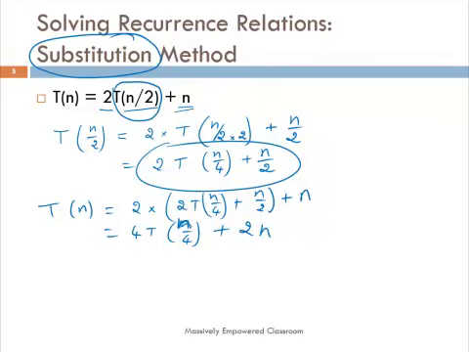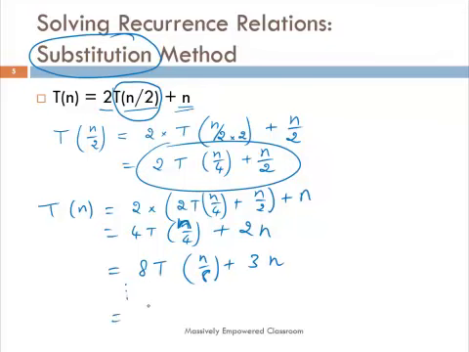How did I get that 2n? 2 times n by 2 is 1n. There was another n already. Now, how do I know what is t of n by 4? I substitute n by 4 in the original formula. I get the expansion for t of n by 4 and I plug this in here. So if you keep doing that, you will get things like 8t n by 8 plus 3n, right, and so on. When will this end?